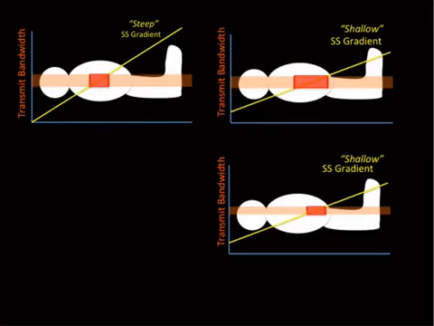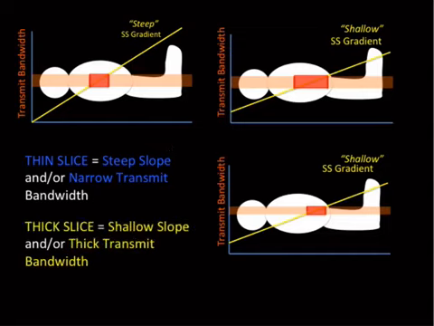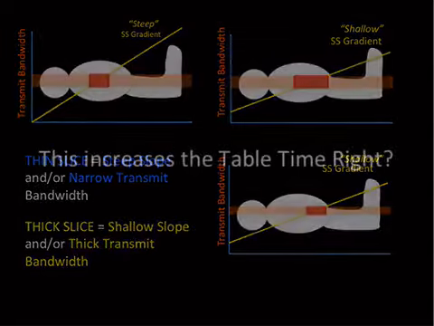To get a thin slice, you're going to want a steep slope or a narrow transmit bandwidth. So either this or that. To get a thick slice, you're going to want a shallow slope, or you could, and I didn't draw this, compare it from here to here, a thicker transmit bandwidth. So again, that would increase the table time, right?